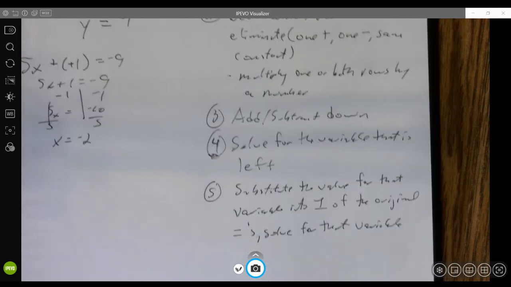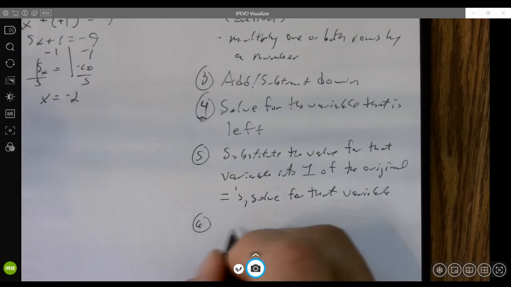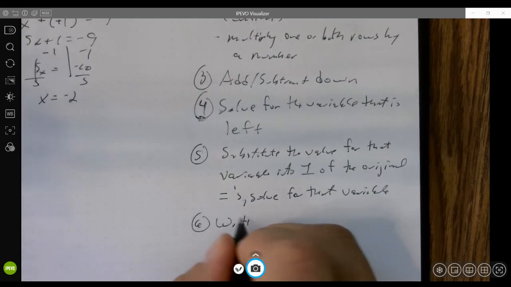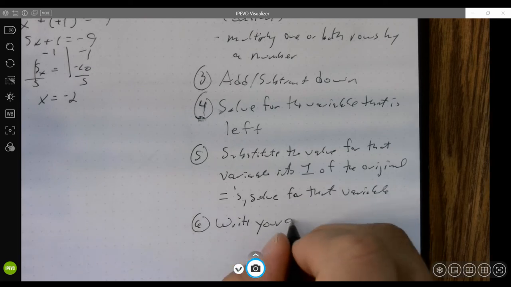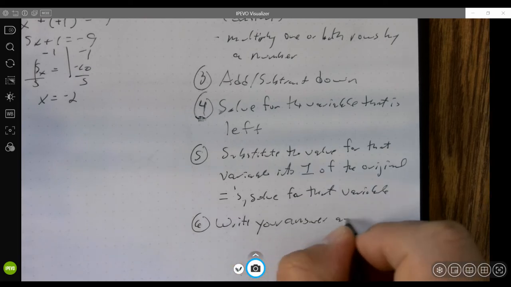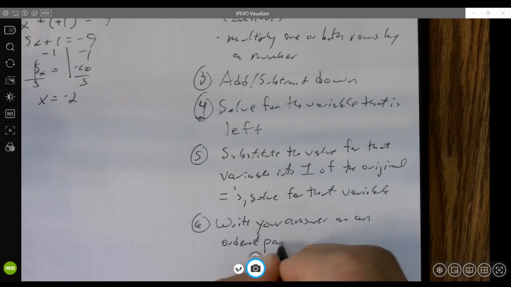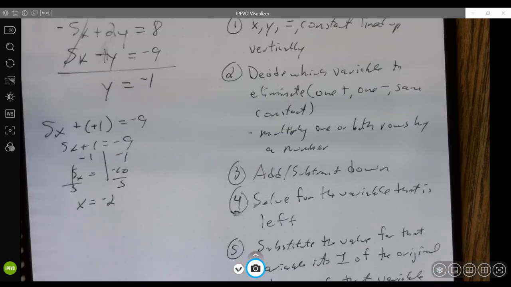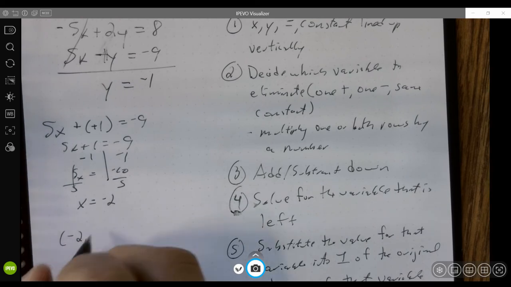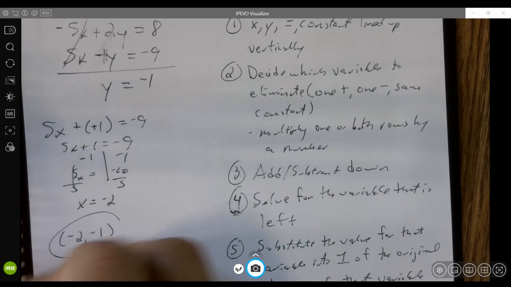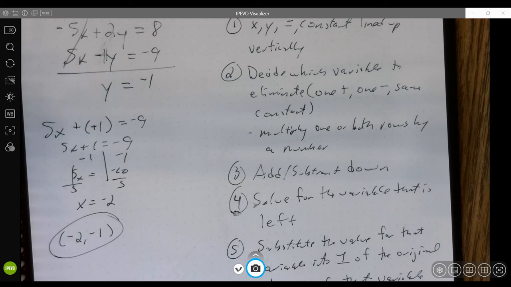And I guess really our last step that we want to put down is, just like with substitution, write your answer as an ordered pair. So I have here x is negative 2, y is negative 1. I'm going to circle my answer so I make sure I know what it is. All right.